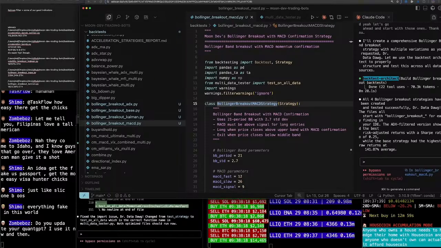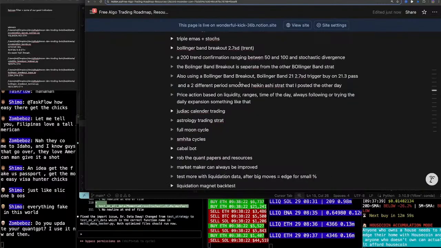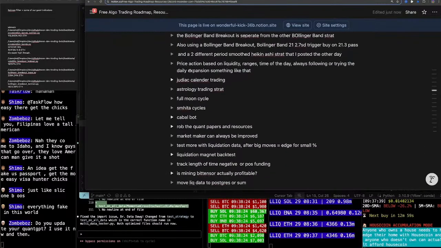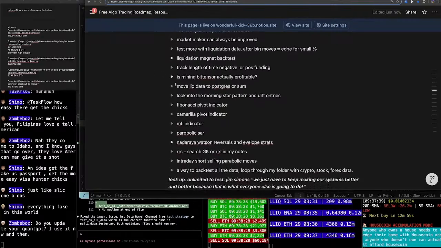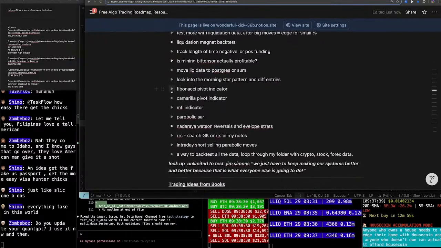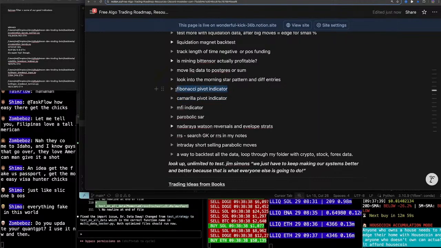Let's get back to testing some new ideas here. So, Bollinger Band breakout, did that. Fibonacci pivot indicator. Okay, so let's do this.